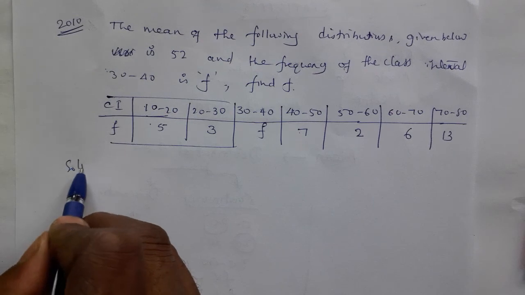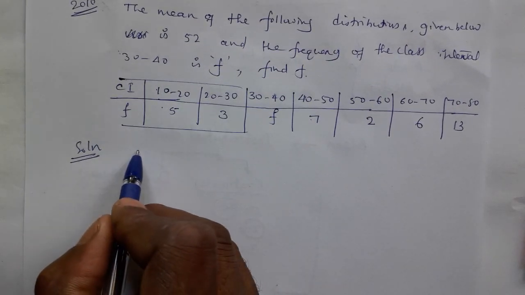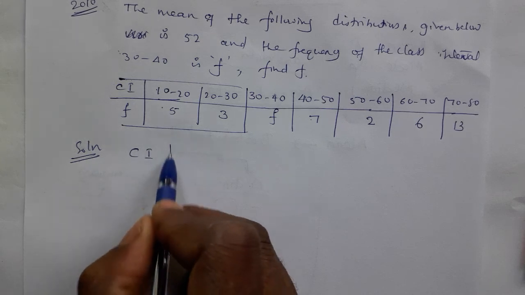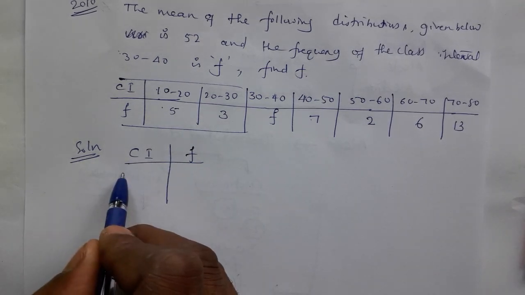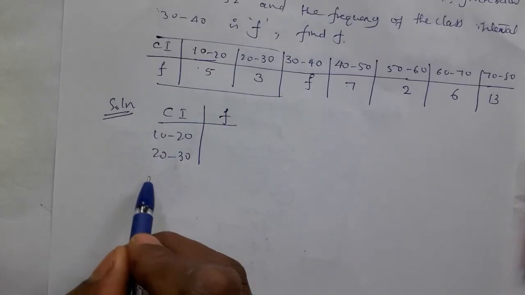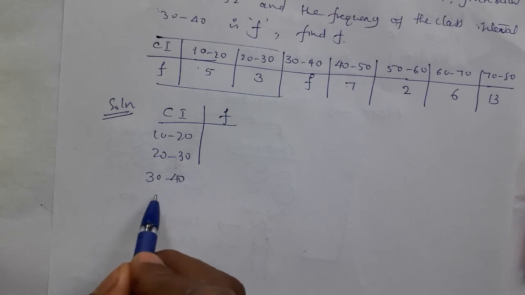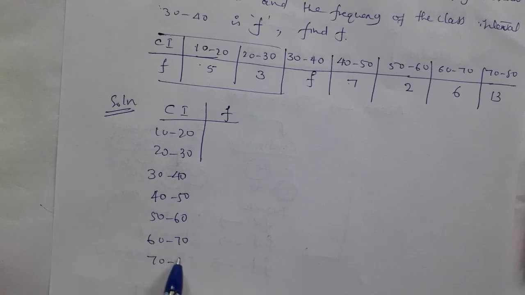We go for the solution of finding frequency f. I will convert this horizontal given data into vertical first. The 10 to 20 first, then 20 to 30, 30 to 40, 40 to 50, 50 to 60, 60 to 70, 70 to 80.